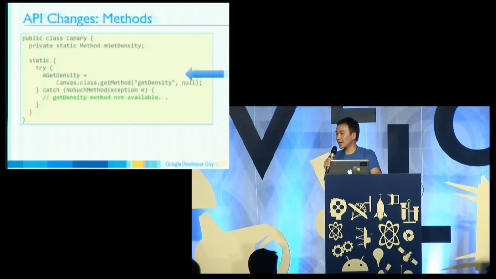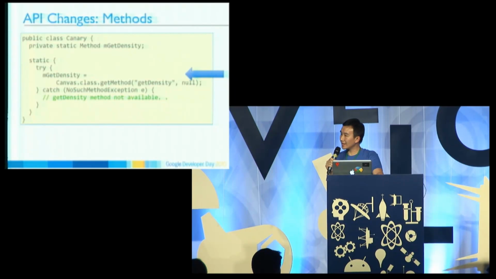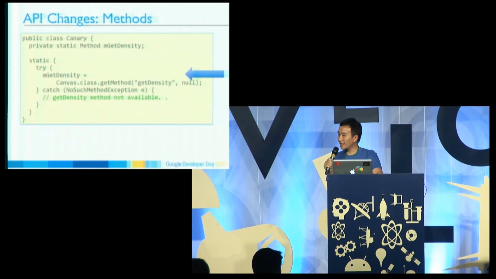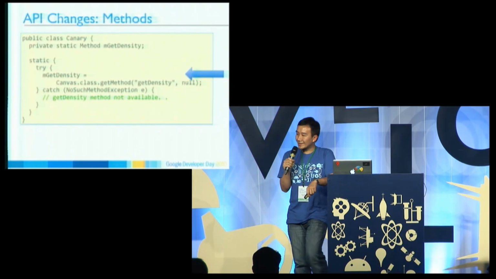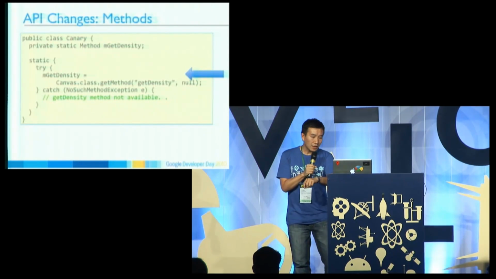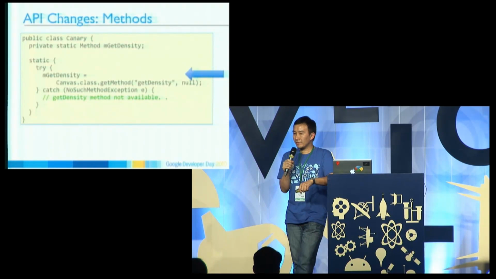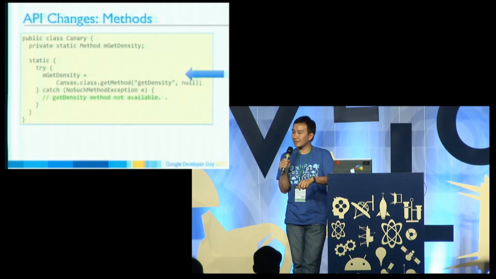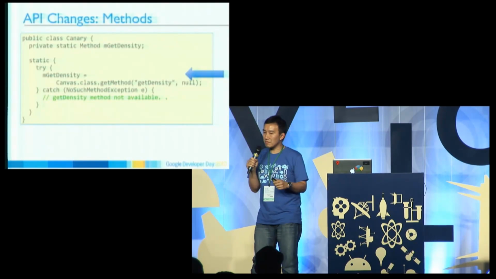In this use case, I'm trying to use the getDensity method from the Canvas class, as you can see, pointed to by the arrow. And this getDensity method specifically was introduced back in level 4, or Donut. What if I want to target Cupcake devices that don't have this method available? So I would create this wrapper class called Canary with a static method.